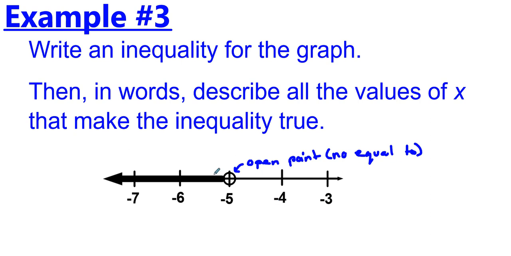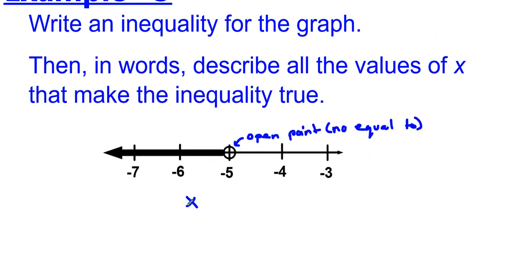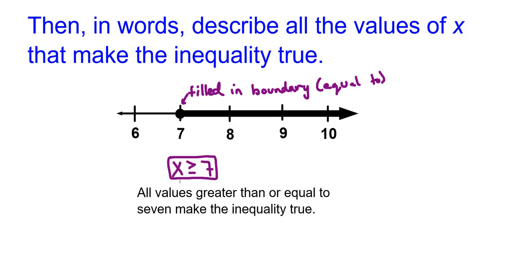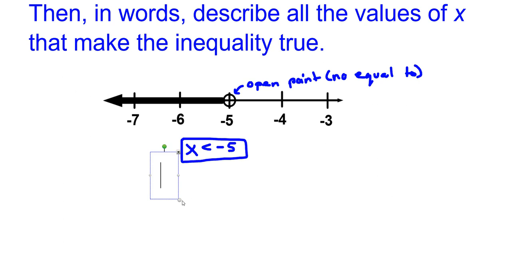Well, we're shading to the left of -5, so we're going to say that x is less than -5. That's my inequality. And then describe in words the values of x that make the inequality true. It's very similar to what I put here. So this one's going to be all values less than -5 make the inequality true.